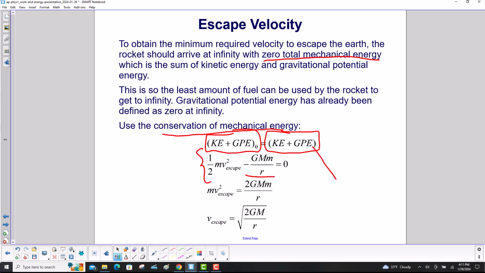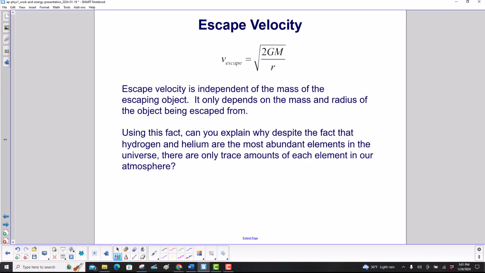Now, GPE is 0, and so is kinetic energy. We want to get there with the minimum velocity. So we multiply both sides by 2, take the square root, and we get the escape velocity right here. Escape velocity is independent of the mass of the escaping object. It only depends on the mass and radius of the object being escaped from. So in this case, we're talking about Earth.